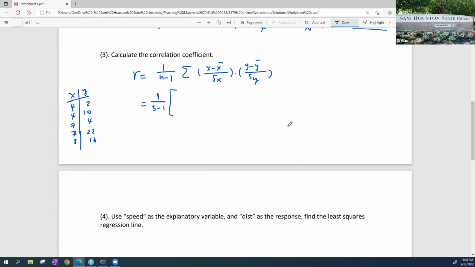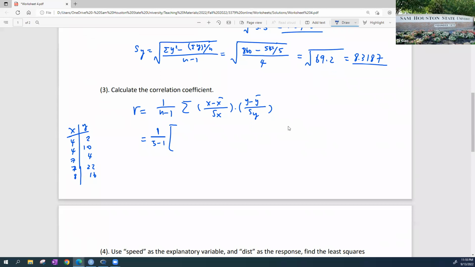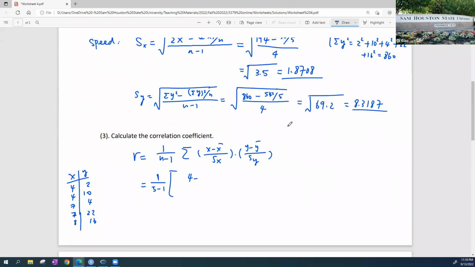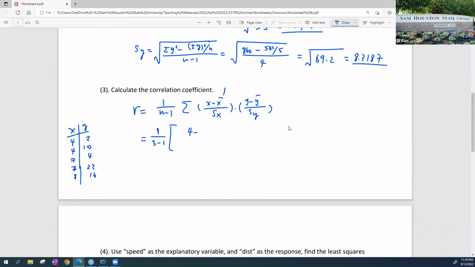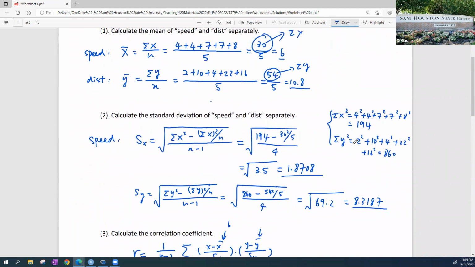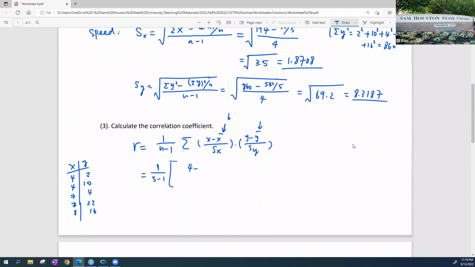Okay. So the first x value is 4 minus x bar, which is 6. And y bar is 10.8.